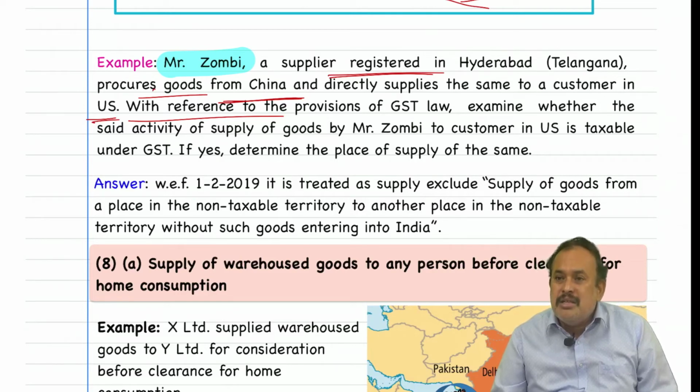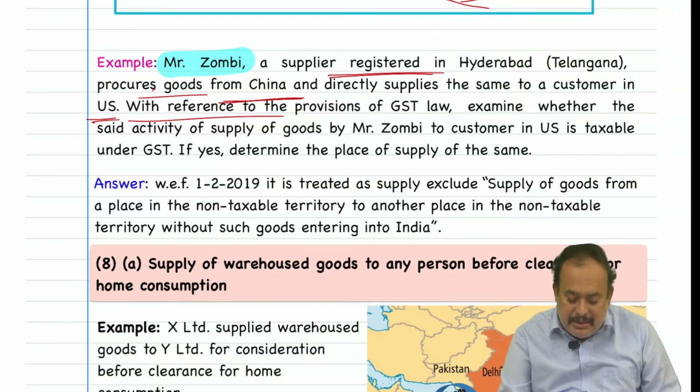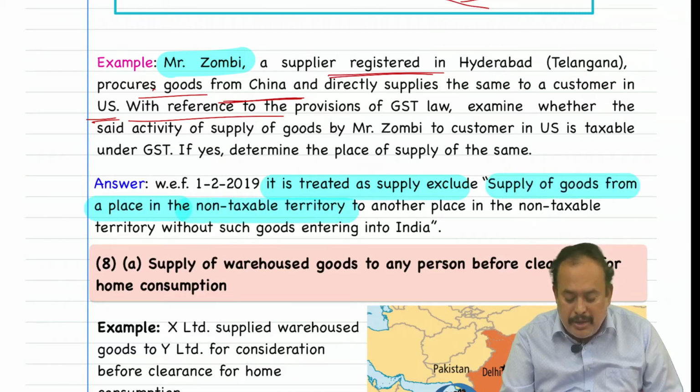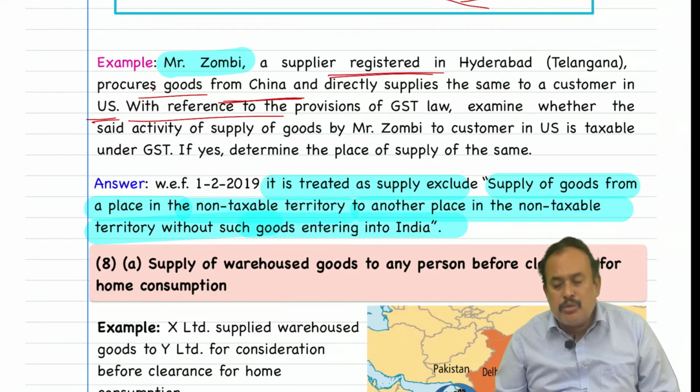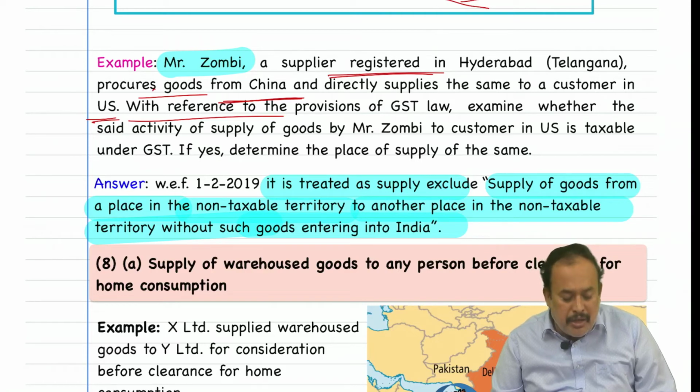It is covered under Schedule 3, point number 7. It is treated as supply excluded: supply of goods from a place in a non-taxable territory to another place in a non-taxable territory, without the goods entering into India, is covered under Schedule 3, therefore does not attract GST in India.